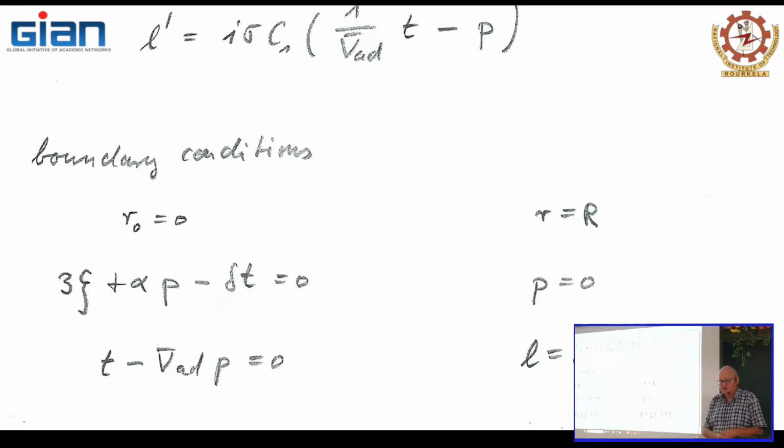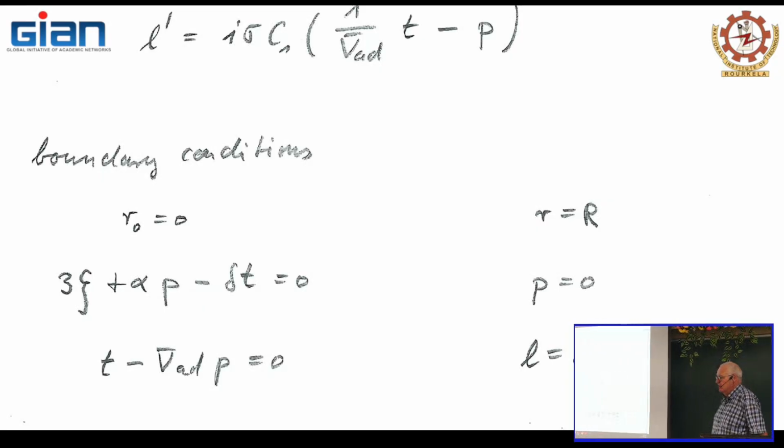The linearized version of Stefan Boltzmann's law is L given by the Lagrangian displacement plus the temperature, and another condition would be to require a force-free boundary condition, which means that the Lagrangian pressure perturbation is zero there.